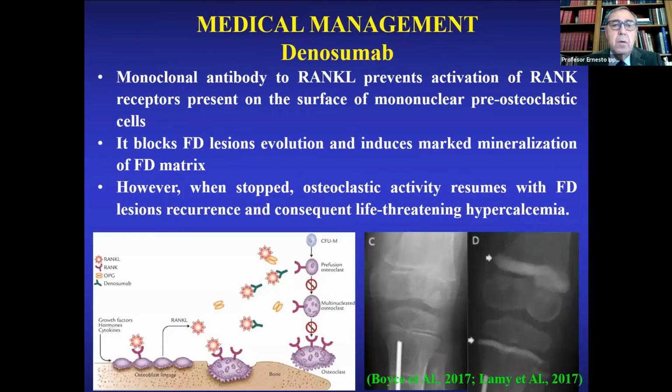Denosumab has been recently used in McCune-Albright syndrome treatment. Denosumab is a monoclonal antibody to RANKL that prevents activation of RANK receptors present on the surface of mononuclear preosteoclastic cells.